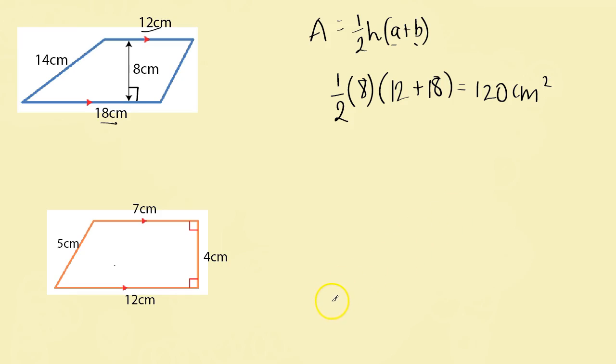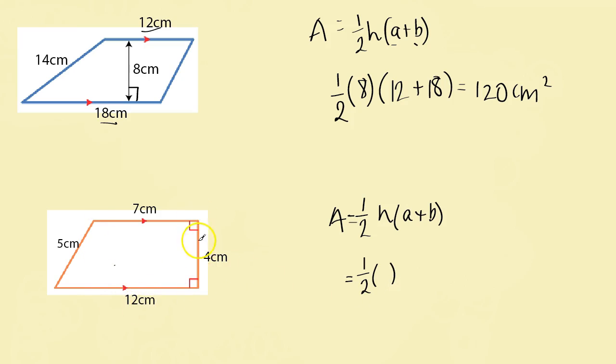Alright, if you haven't had a go at the second one already, do. Otherwise, let's go ahead and try it out. So again, we're going to start with the formula. Area equals half h times a plus b, which is half, and then we need to identify h.